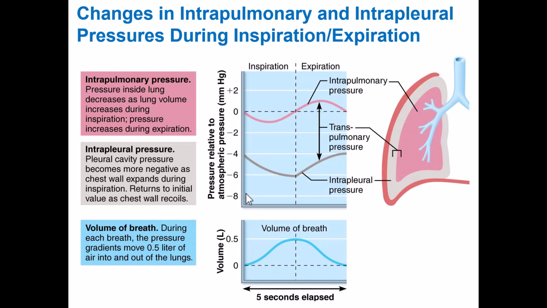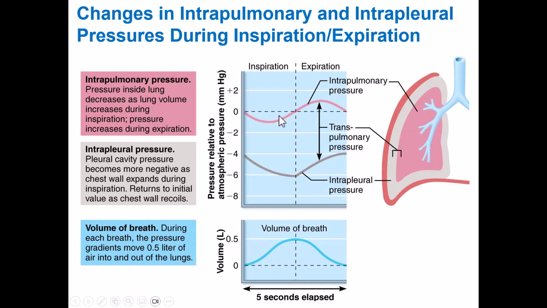This graph here is basically showing you what I just said. When you are inhaling, doing quiet inspiration, the pressure in the lungs, that intrapulmonary pressure, goes down because the volume of your lungs has increased.